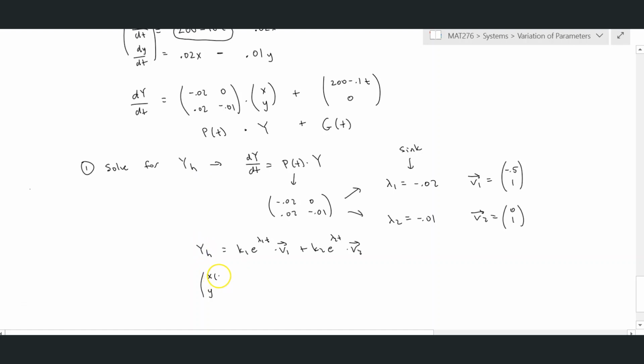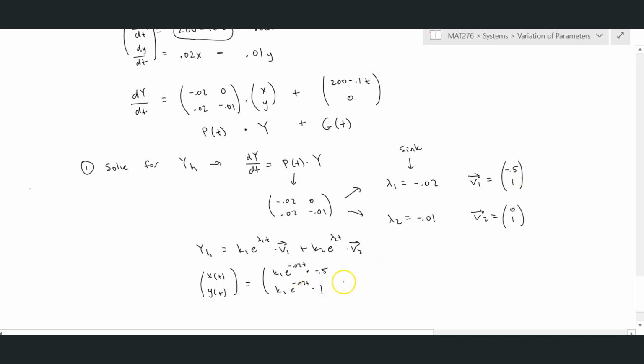And this will be the x of t and the y of t that we get plugging in our lambdas. We'll get, in the top, k1 e to the negative 0.02t times negative 0.5. And then in the bottom row, we'll get k1 e to the negative 0.02t times 1.